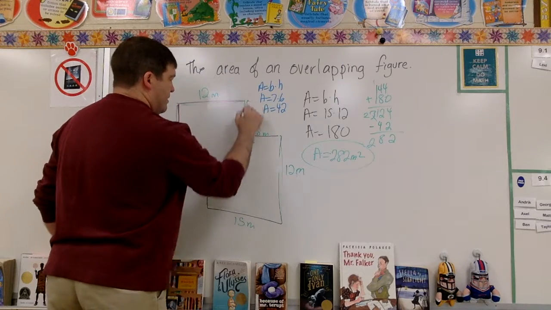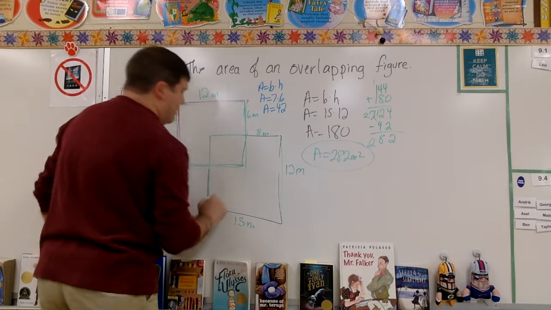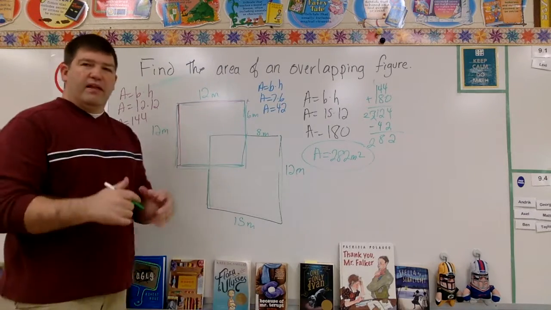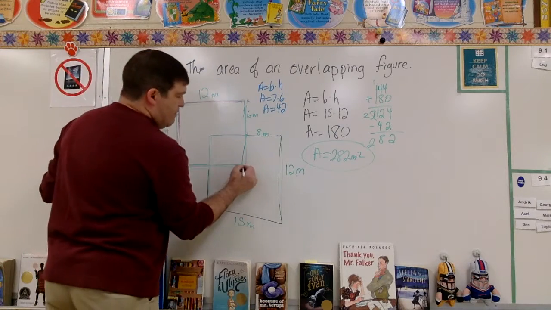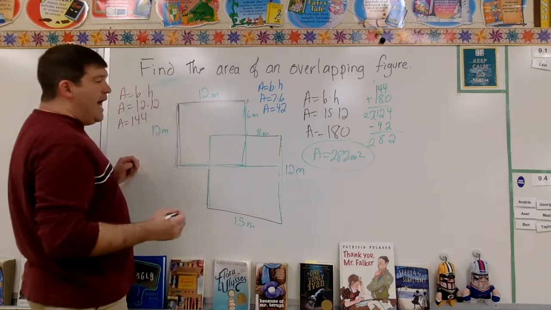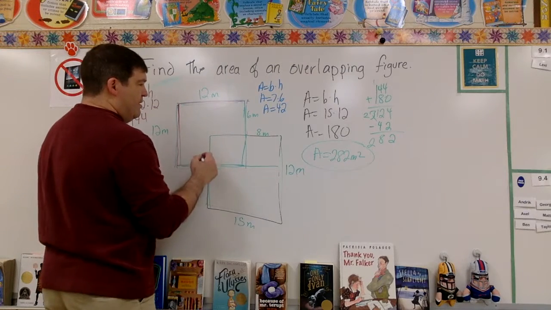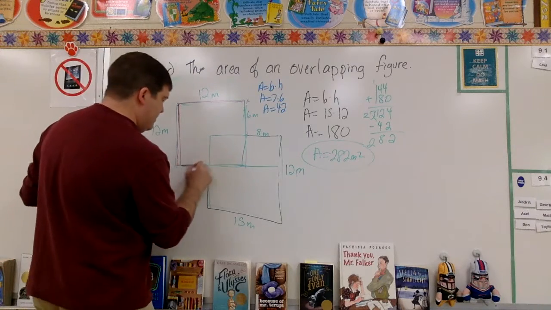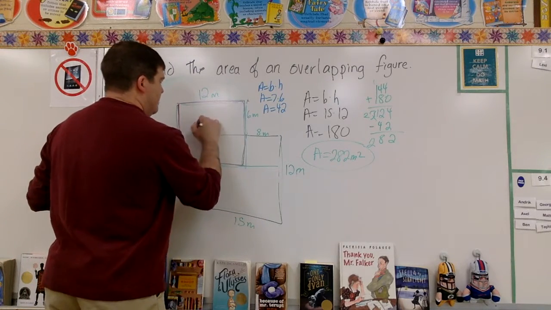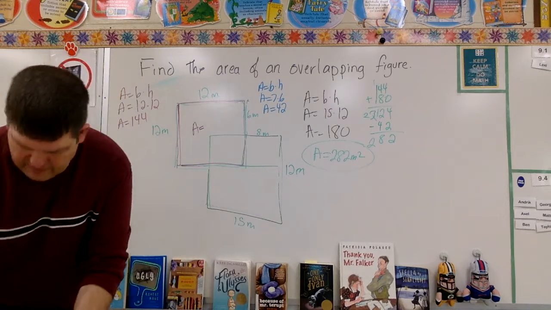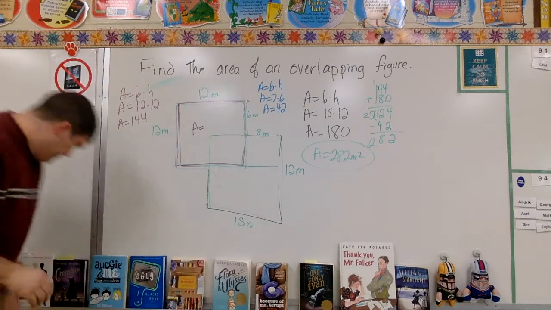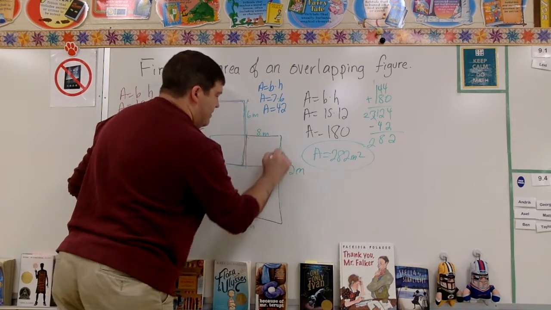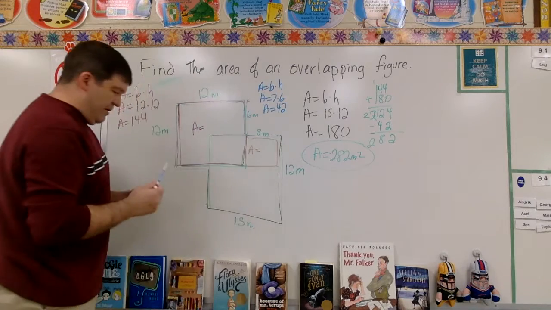Okay, so we're back to this parallelogram, they overlap. So what I'm going to do is I'm going to go like this. Now I have this whole area. I have that area equals something. I have this area right here equals something.